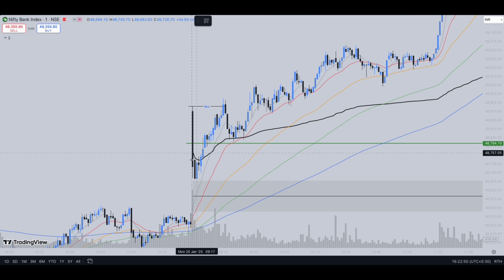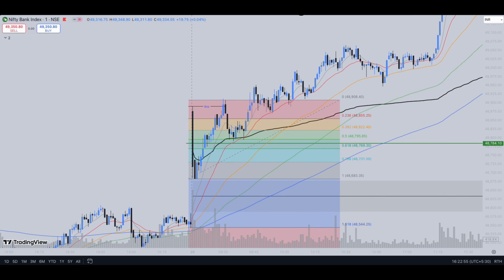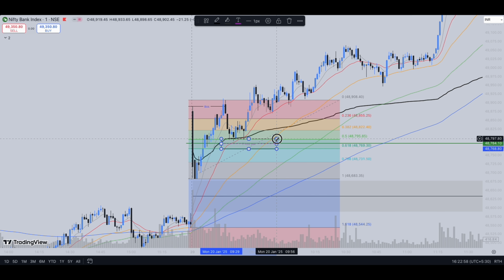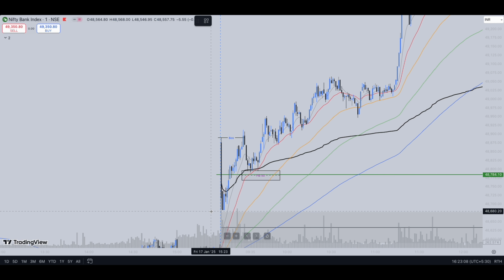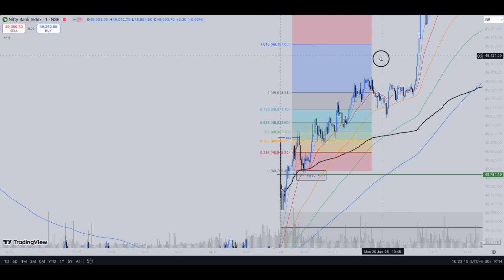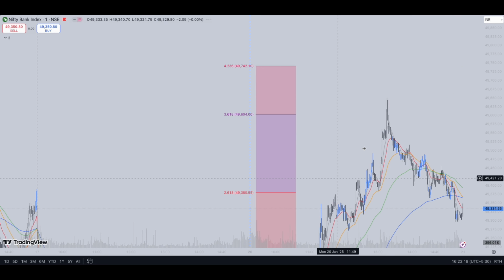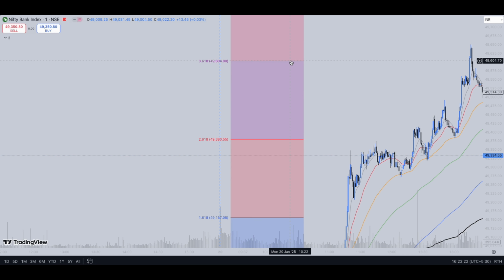if you try to plot the fib of this impulsive move, you can see clearly that the market took support exactly here. This is the 550 level. So should I try to put the fib retracement level, the common point between this and this, you can see exactly how the market rallied all the way to 3.618 level.